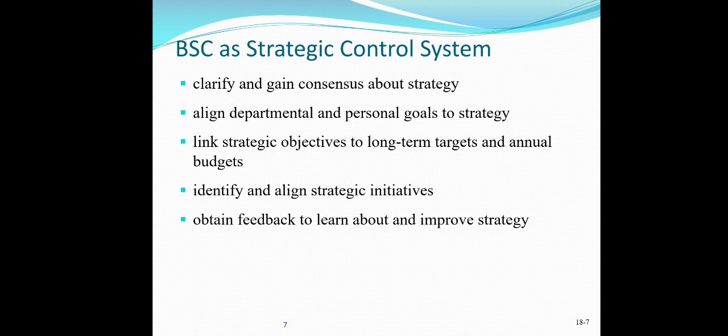When they put the measures and indicators in a figure or graphic, you can see these measures and indicators can help the business do many things, including the things that you can see here: clarify and gain consensus about strategy, identify and align strategic initiatives, etc.